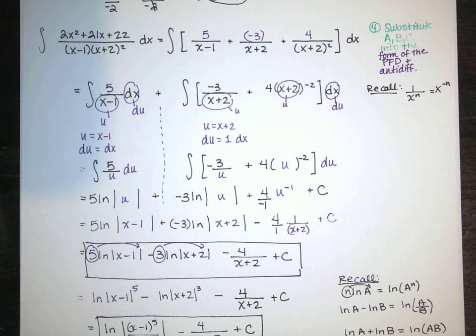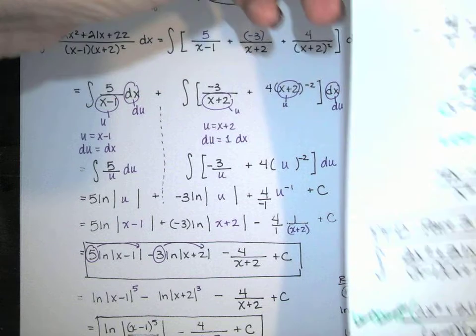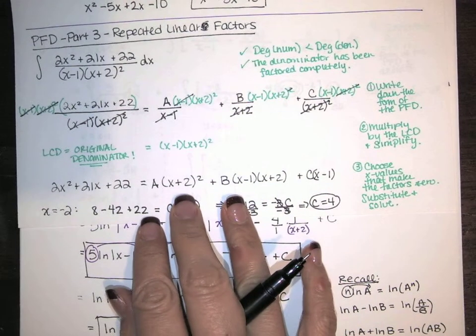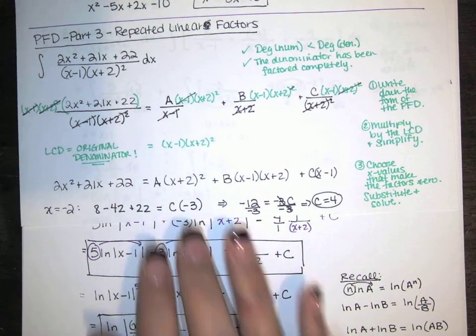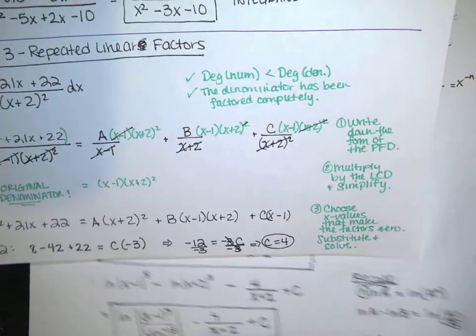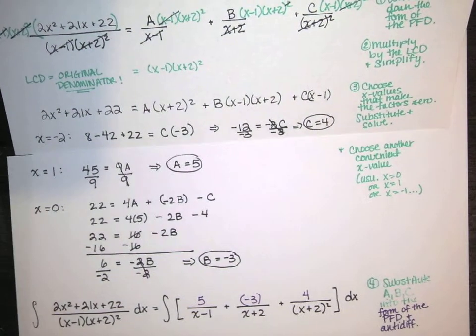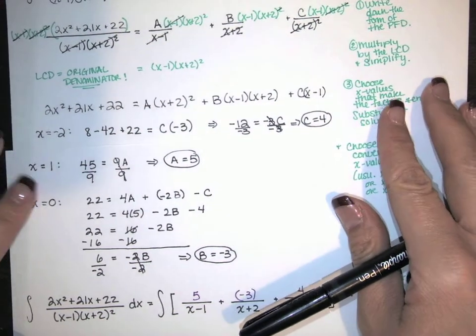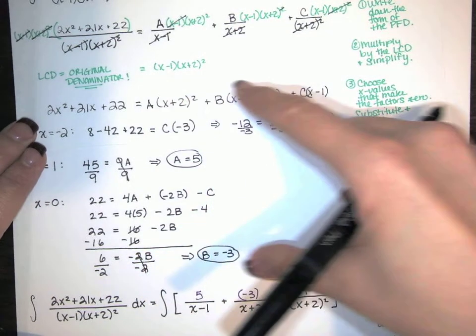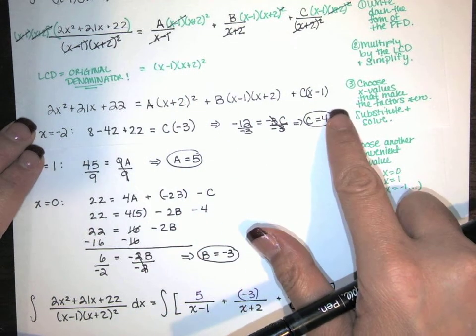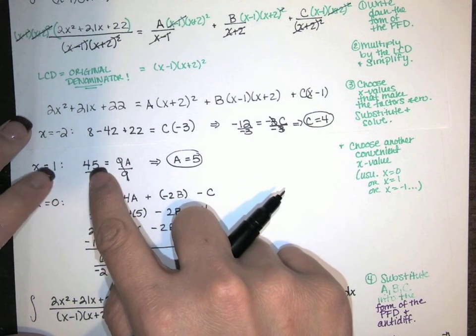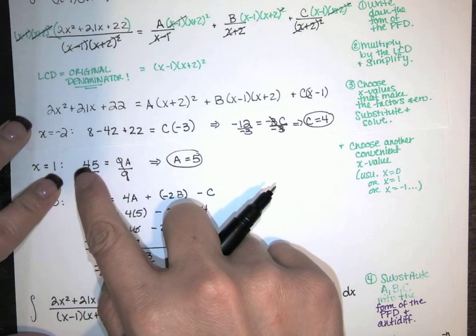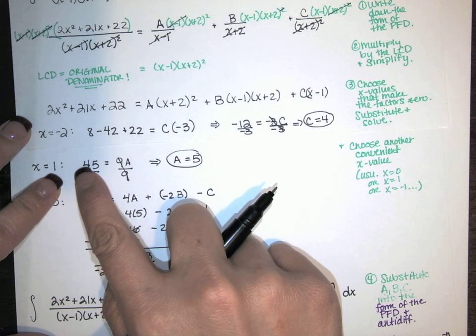Now remember the point of this video as compared to the last video. This was dealing with repeated linear factors. Since I had a repeated factor when I was solving for a, b, and c, at this step right here, after I multiplied by the LCD, when I was choosing the x values that make the factor 0, I only had 2 x values that would make the factor 0.